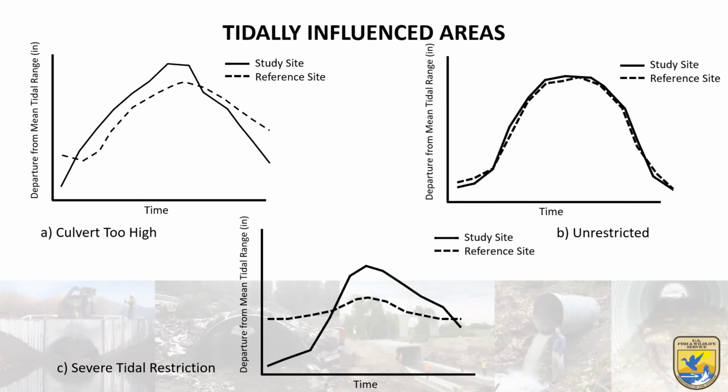You can look at those mean tidal ranges, map that through time, and see, is your culvert too high, or are there other restrictions to that natural tidal event, and then be able to try to emulate that tidal event with where you place your new culvert. So something to think about if anybody ends up working on that sometime.